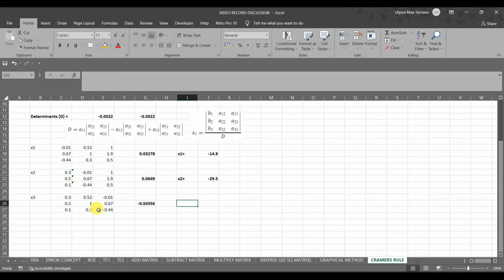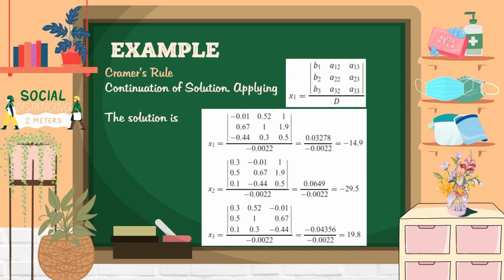So we already have the value at the numerator. And for the value of x sub 3, simply select the numerator divided by the denominator. And we already have here the value of 19.8. Getting back to our presentation, you will notice we also found the values of x sub 1, x sub 2, and x sub 3 using Excel.